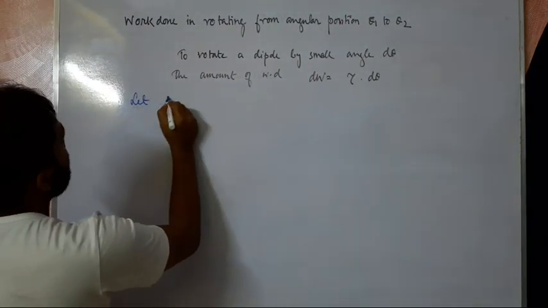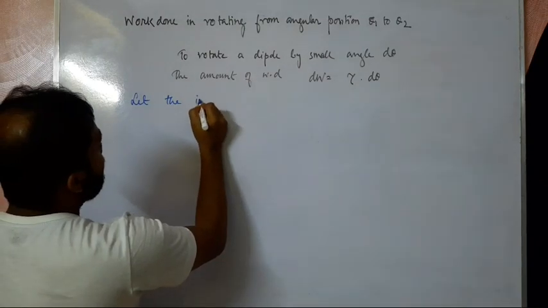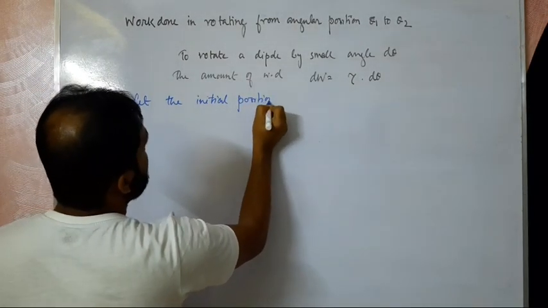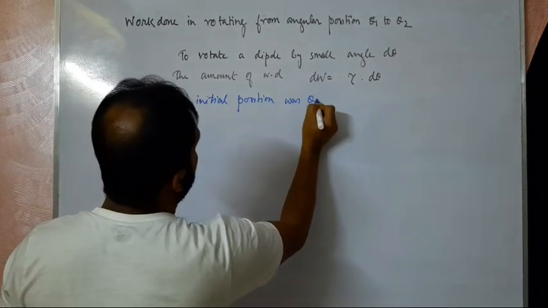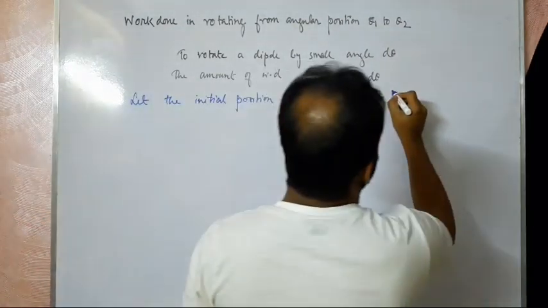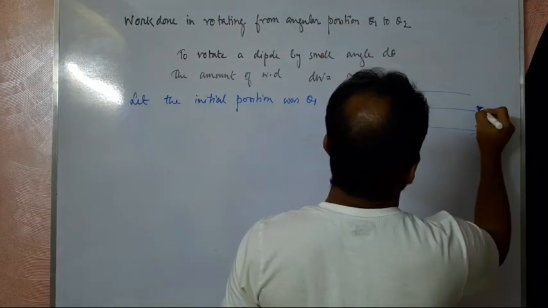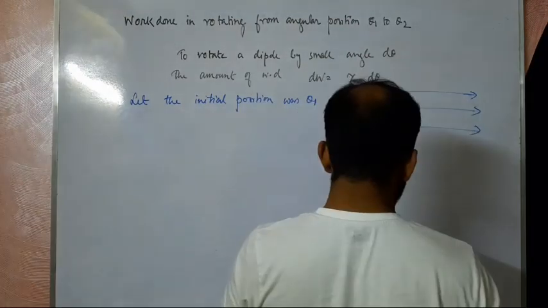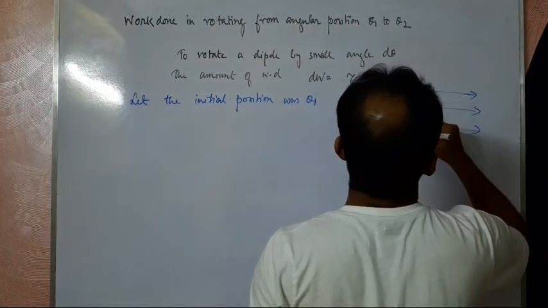Let the initial position be θ1. That means the dipole was placed at an angle θ1 with the electric field.